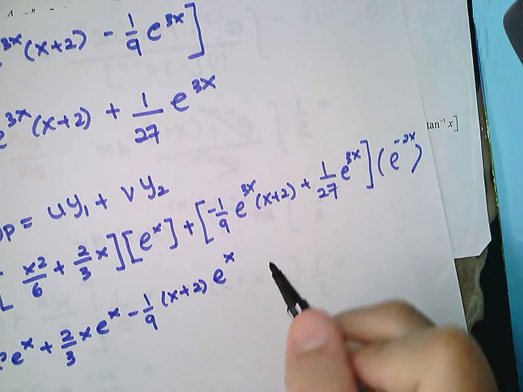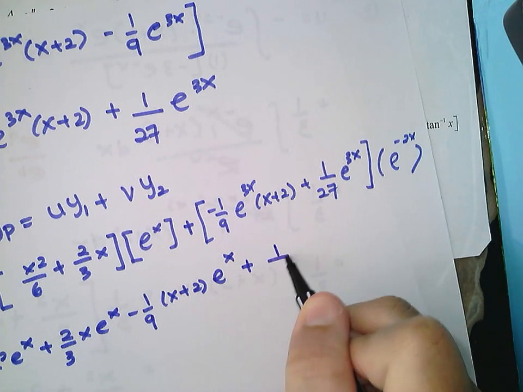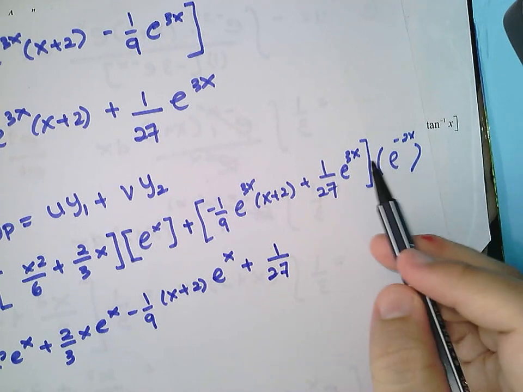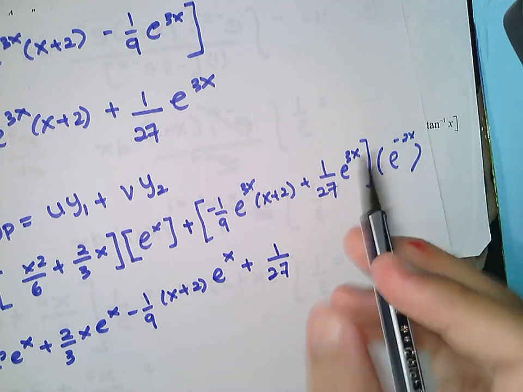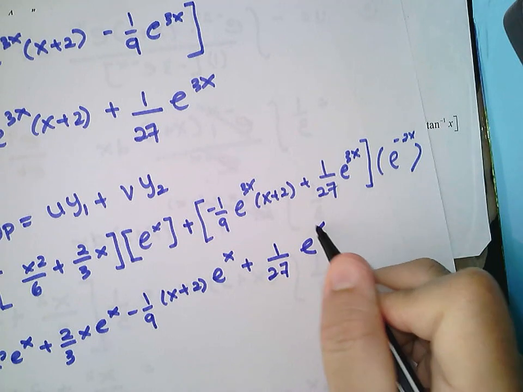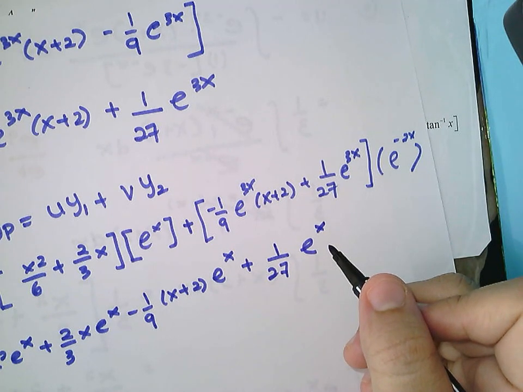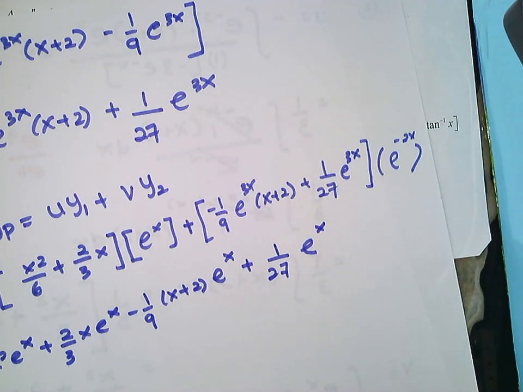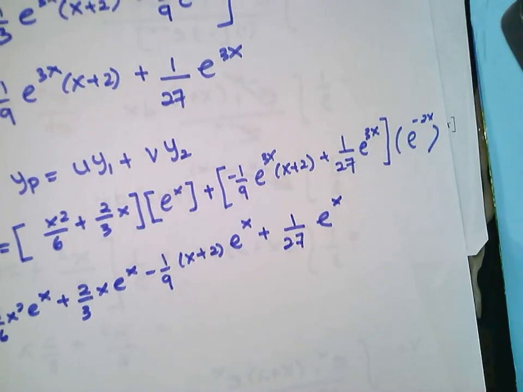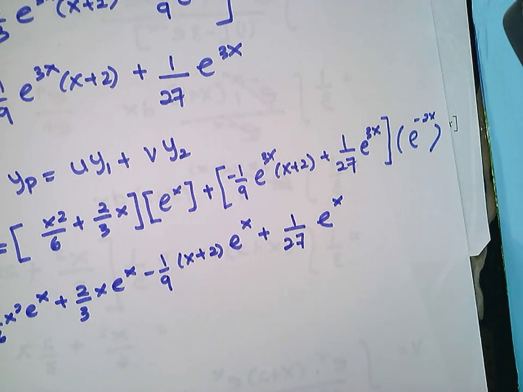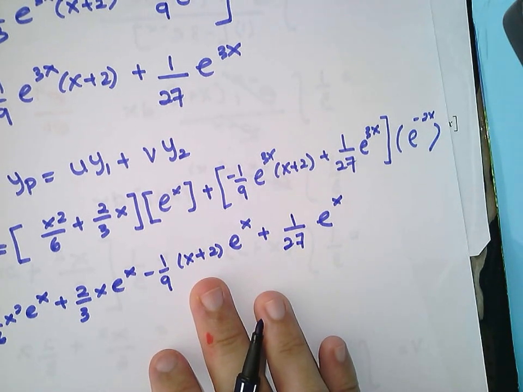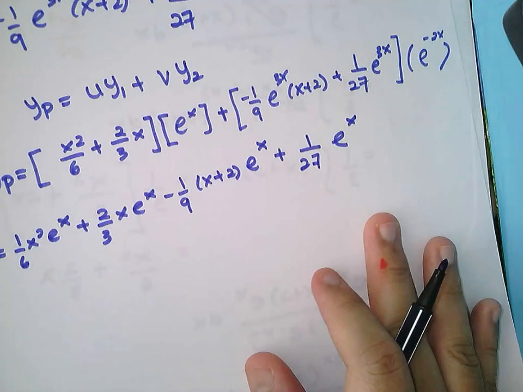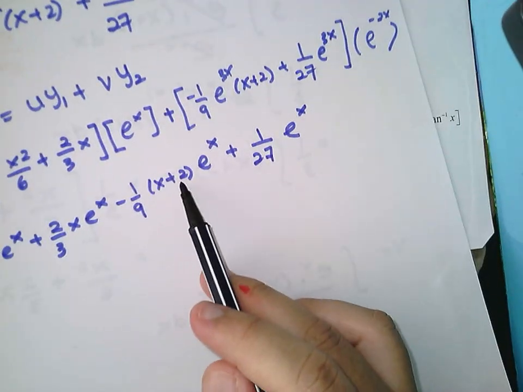Plus 1 over 27, again exponent times exponent, so 3x minus 2x will give you ex. So what else do you need to do? You can expand this, or you can just leave it as x plus 2 ex.